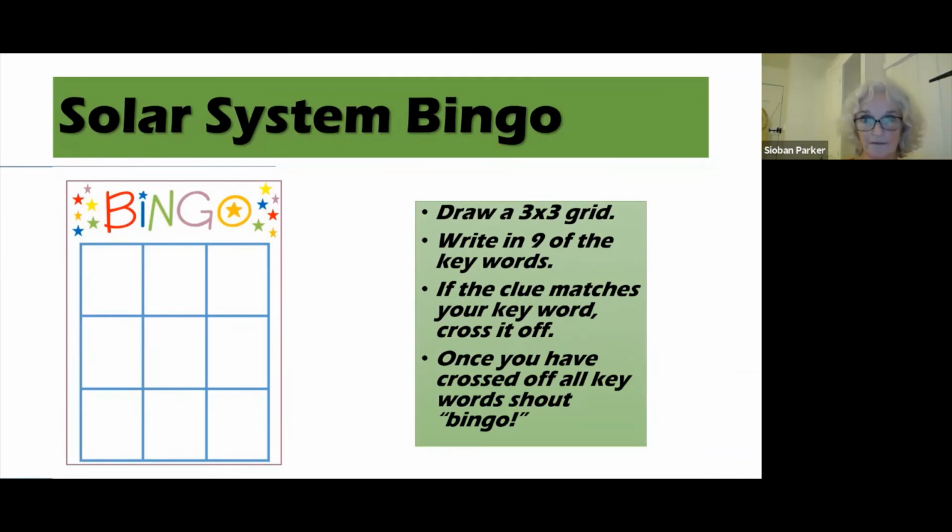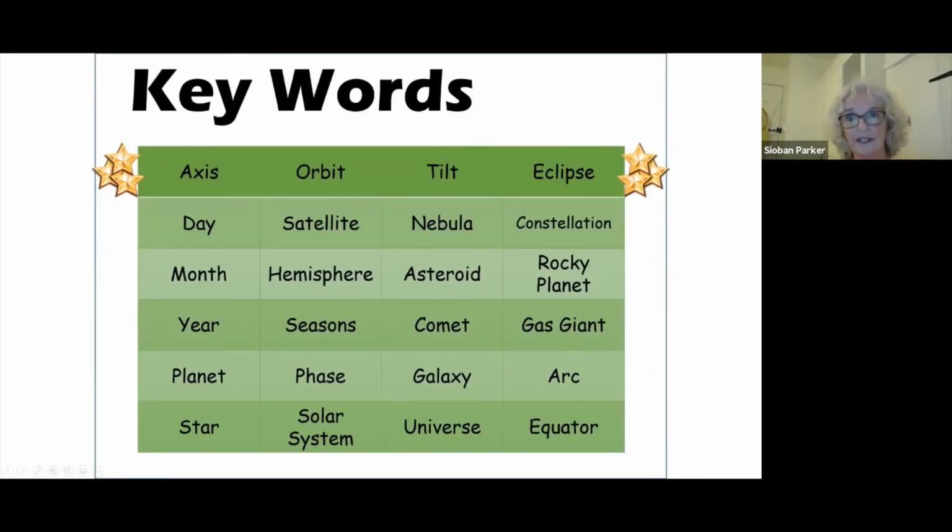This is one of my favorites, and I'm sure that you've come across it too, about playing bingo. But I use it to test their understanding. And it works really well with my second language learners. So on the next slide, I do have the keywords. And what your learners are asked to do here is to actually select 9 keywords and to write them in their grids.